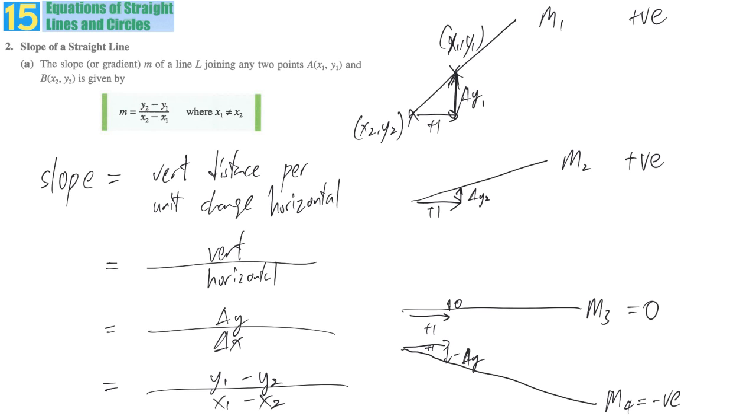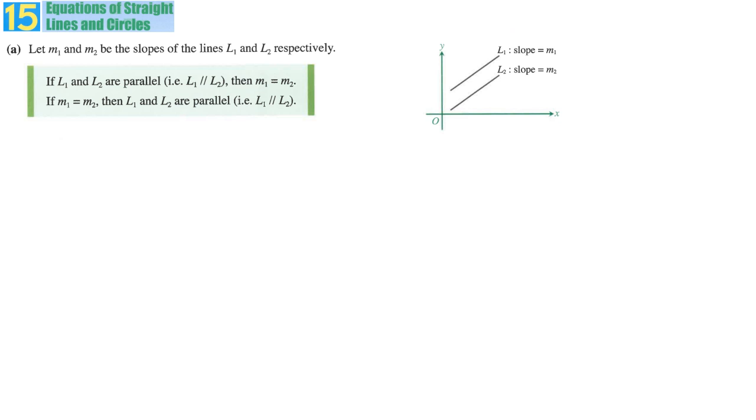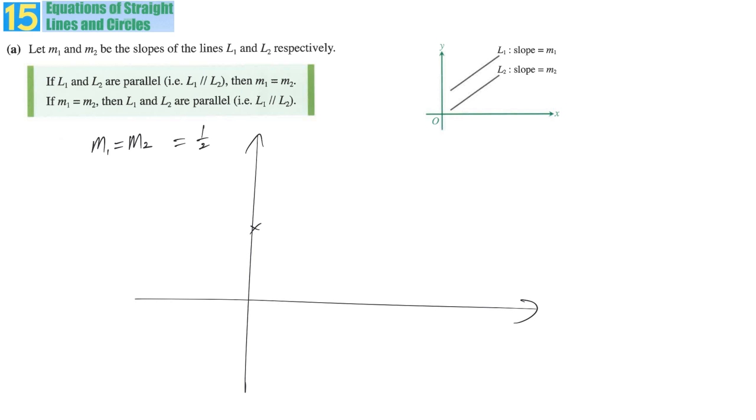There are some properties because of this nature. The first property is so straightforward. If they have the same slope, that means slope 1 equals the second slope, let's say 1/2. For the first line L1, maybe the starting point is here. When it goes right by 1, the y difference goes up by 1/2.